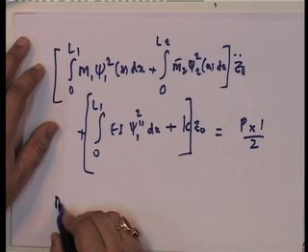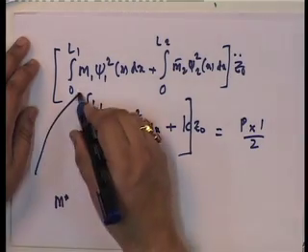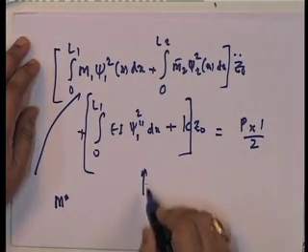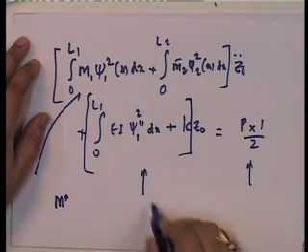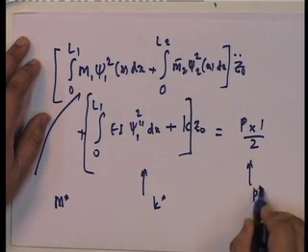So, you see what is M star? M star is this, K star is this, and P star is this.